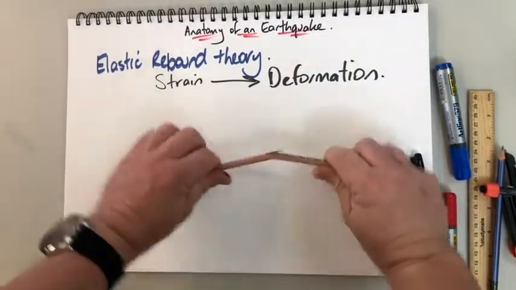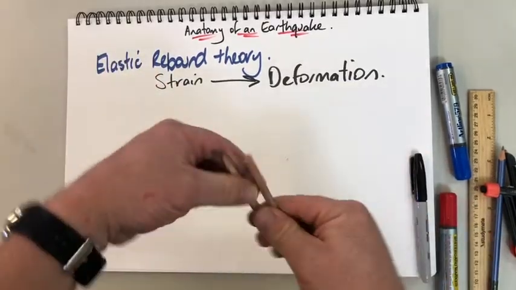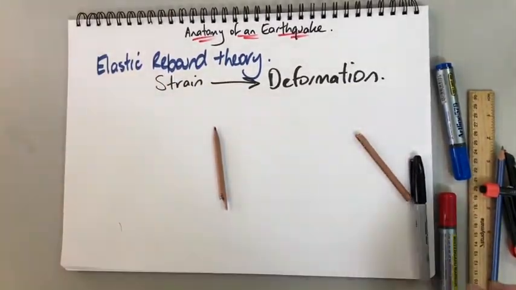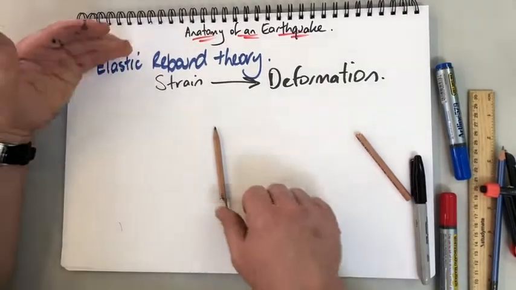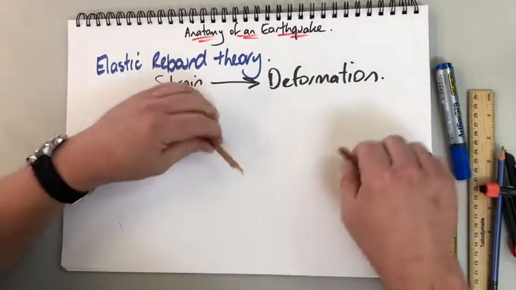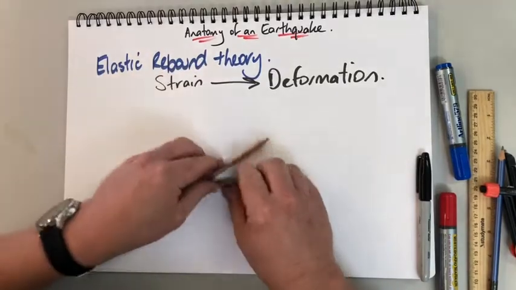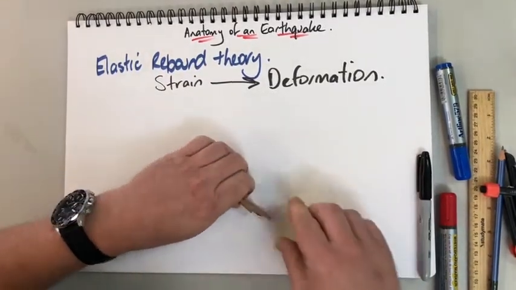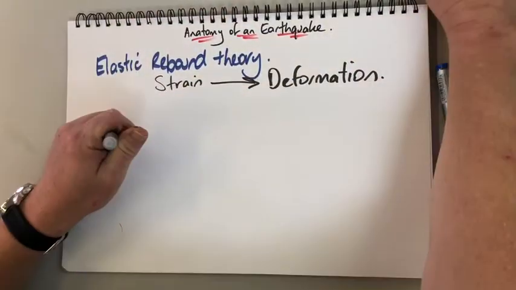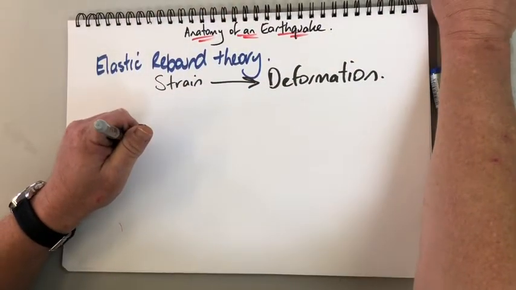There's deformation. Sorry, pencil. It's still good. I've got two now. So within the earth, we have strain, pressure caused by the movement of two things, and then deformation where it finally faults or something breaks and we have our earth movement.